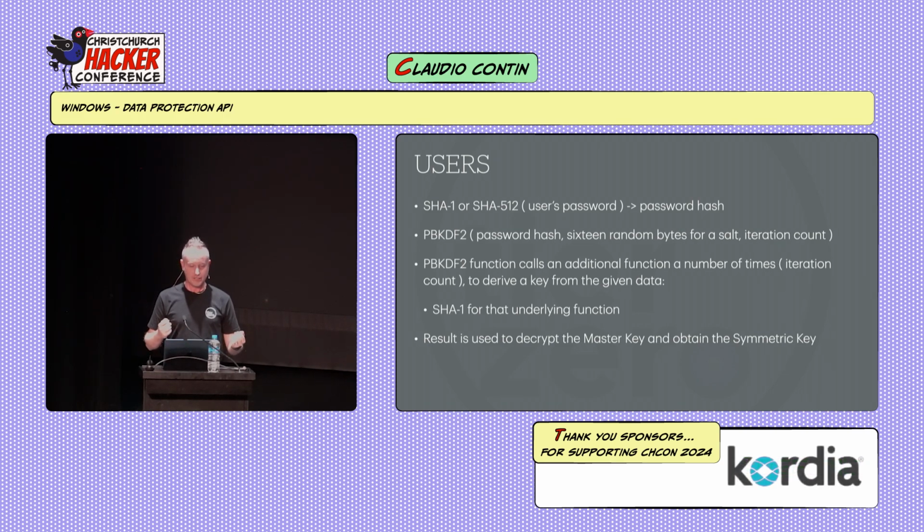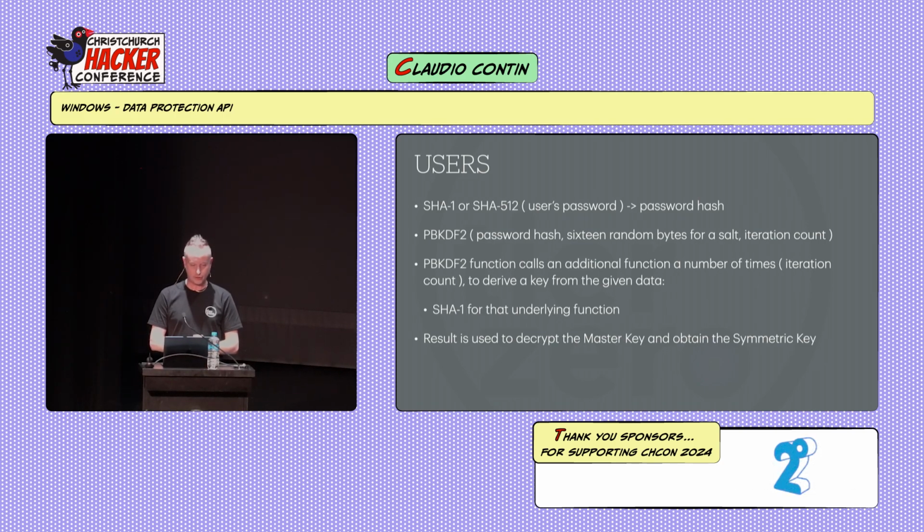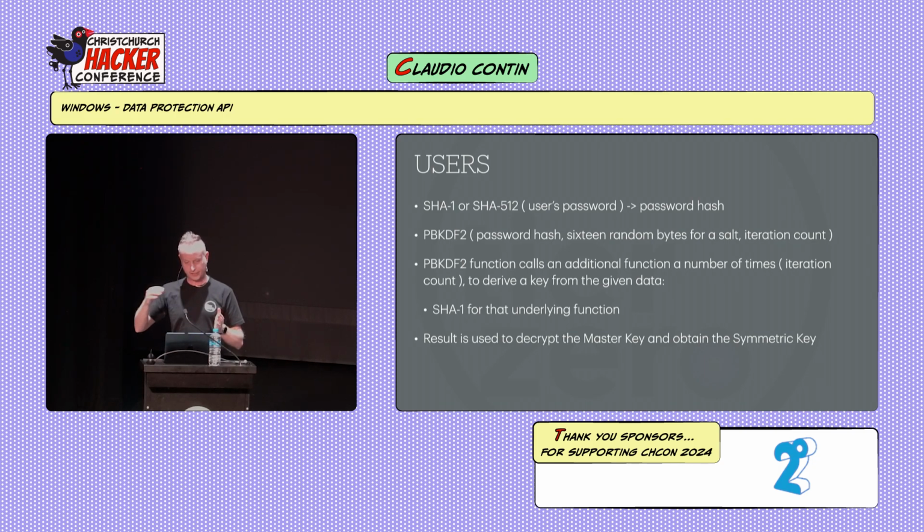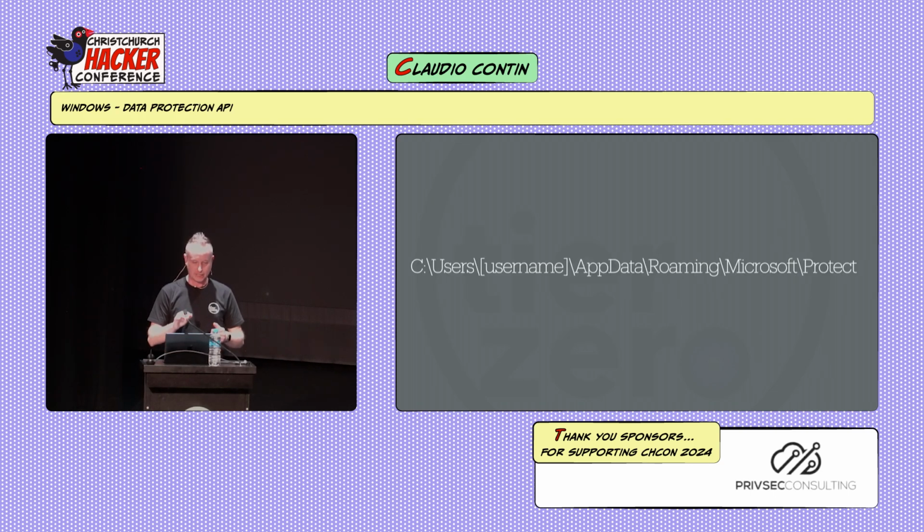Okay, this derived hash is then sent through a password-based key derivation function together with a 16-byte randomly generated salt and an iteration count. I believe the default iteration count is 2000. The result of this goes via an additional key derivation function again, and the result of this iteration is the actual key which allows you to decrypt the master key, okay?